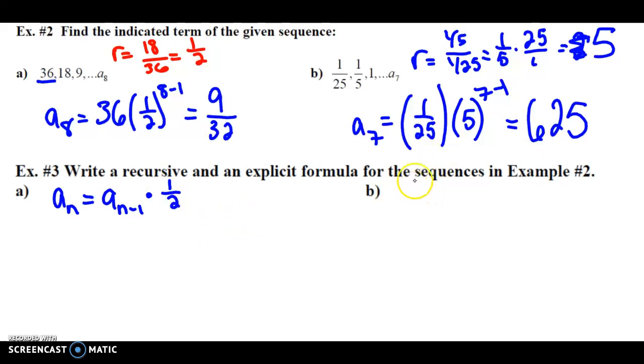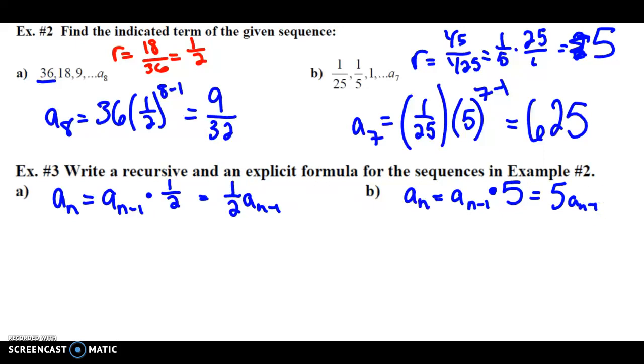For B, a sub n equals a sub n minus 1 times the ratio, which was 5. You can also write it with the ratio in front of a sub n minus 1, if that helps.